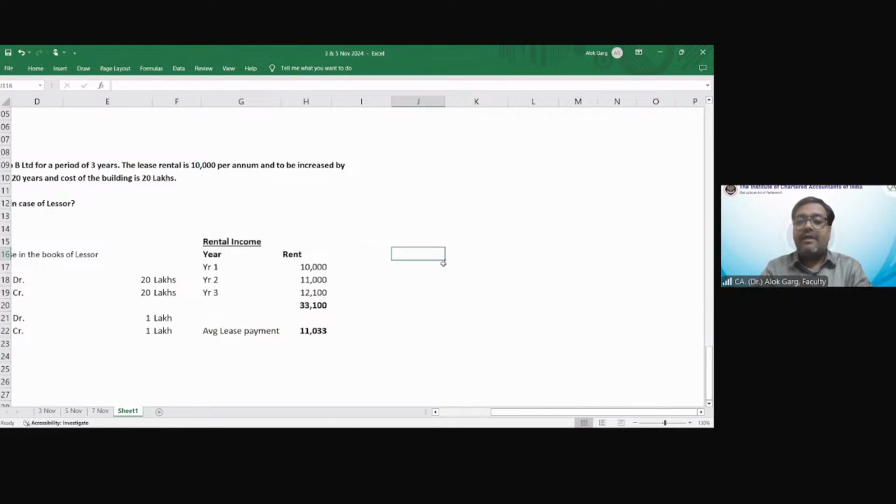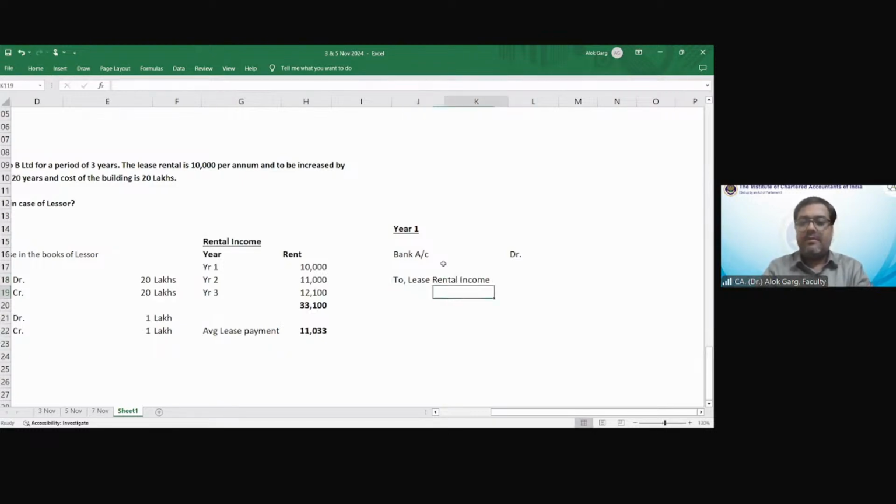So what is the accounting entry in year one? Bank account debit to lease rental income.